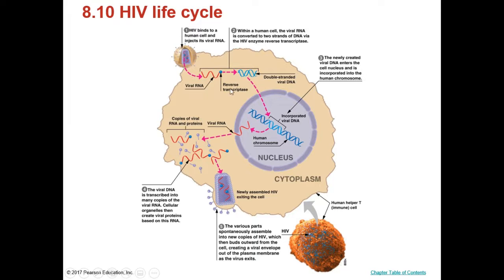Again, the action of reverse transcriptase takes care of that. Reverse transcriptase makes RNA into DNA. So once DNA is made, it can become embedded in the host cell's DNA, and it can remain there for months, years, just making a lot of copies.